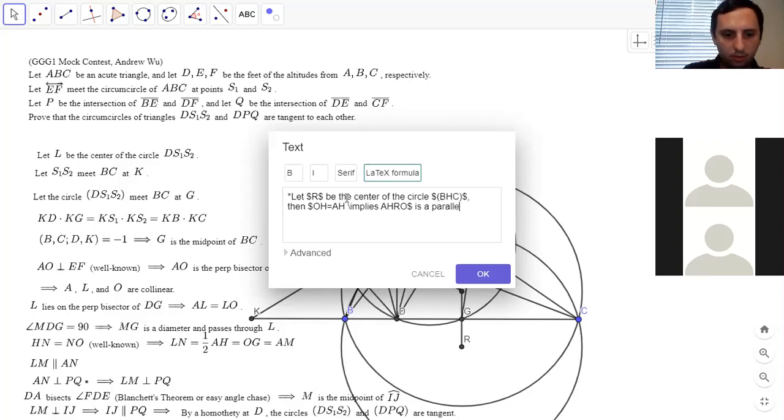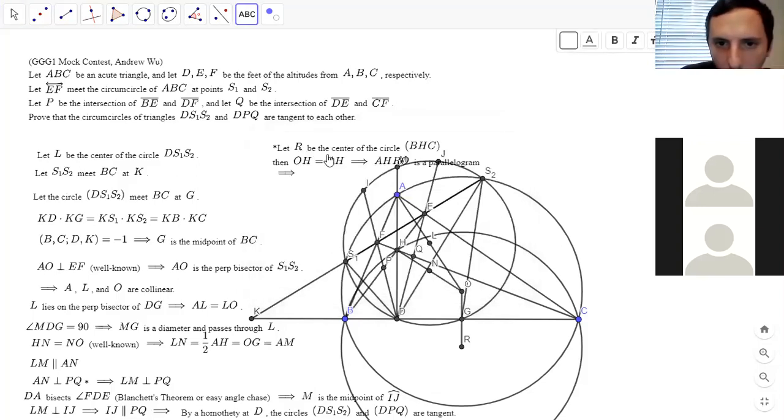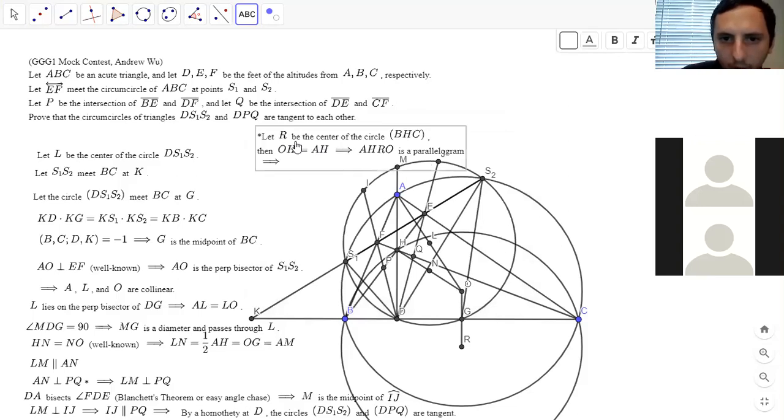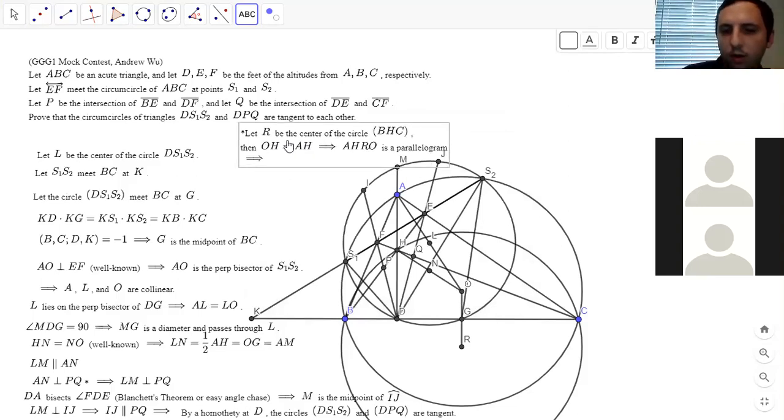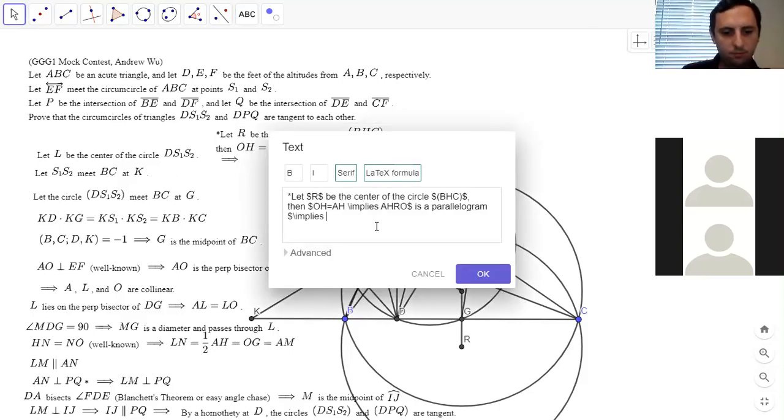And then that means that A, N, and R are collinear. And that means that PQ.